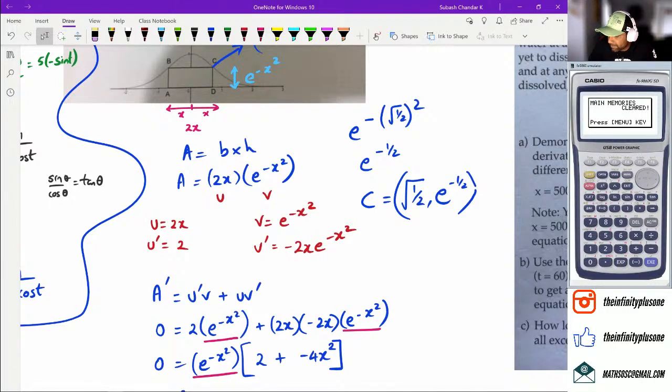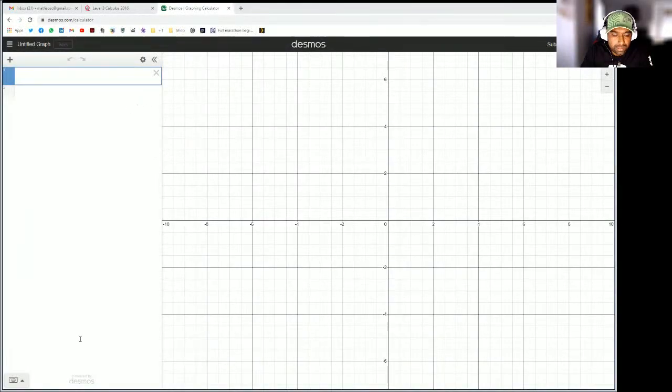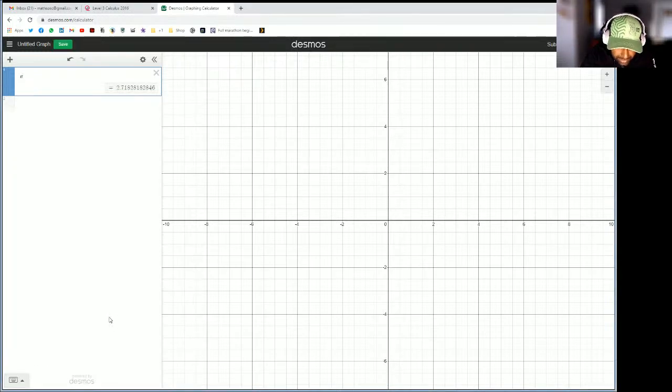Trishika, you can't actually have e to the power of anything equals 0. Let me show you what I mean on Desmos.com. When you have an exponential curve, it is e to the power of x.